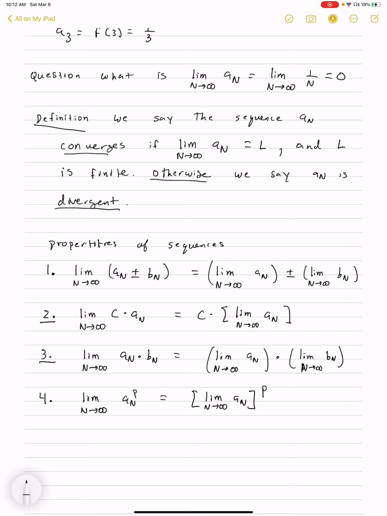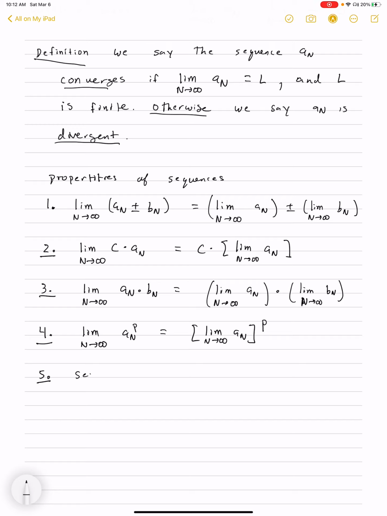Now, there's another property from calculus 1, and it's called the squeeze theorem, that works. Now, this squeeze theorem, this one's very important.